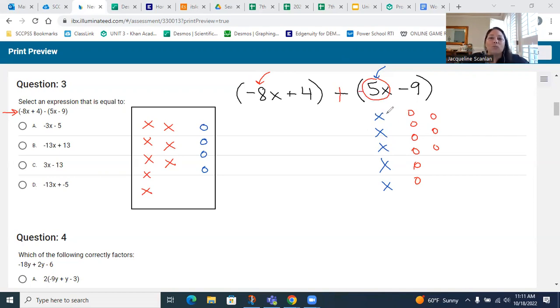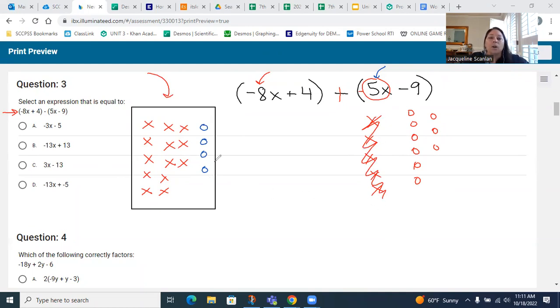So instead of taking away 5 blue x's, I am going to add 5 red x's, and that's because I added the opposite. So to this group over here, I am now adding 5 red x's. All right, and so that has already been done. I've already added those 5 red x's, or the negative 5 x's.